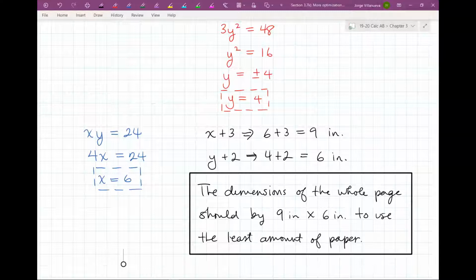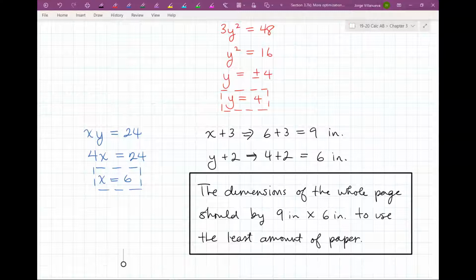It doesn't make sense that we solve for the maximum, because the maximum amount of paper you can use is an infinite amount. You can just keep making the page bigger and bigger and bigger. So there is no maximum to the size of the paper. You can always fit a 6 by 4 piece into it, no matter how big it gets, right?